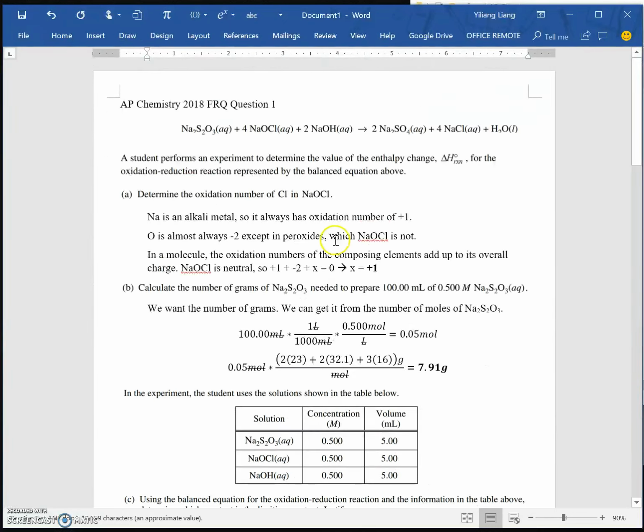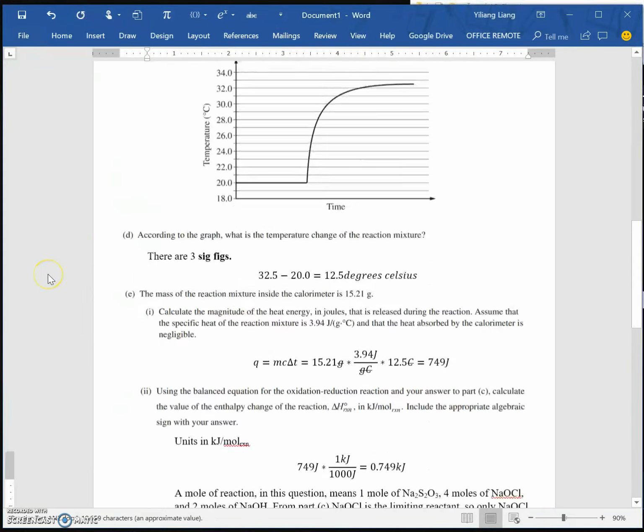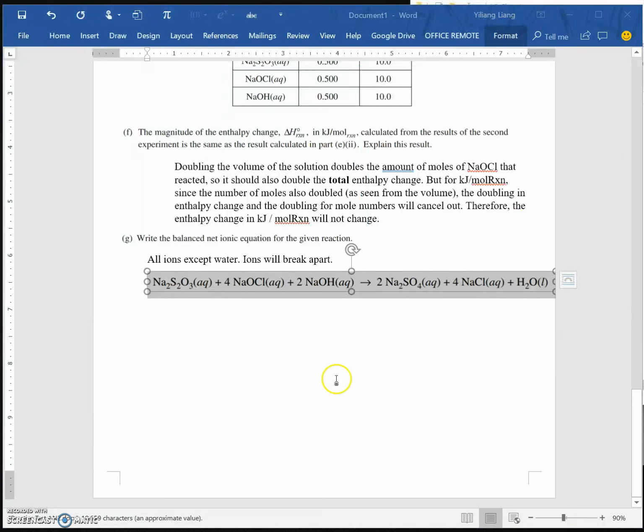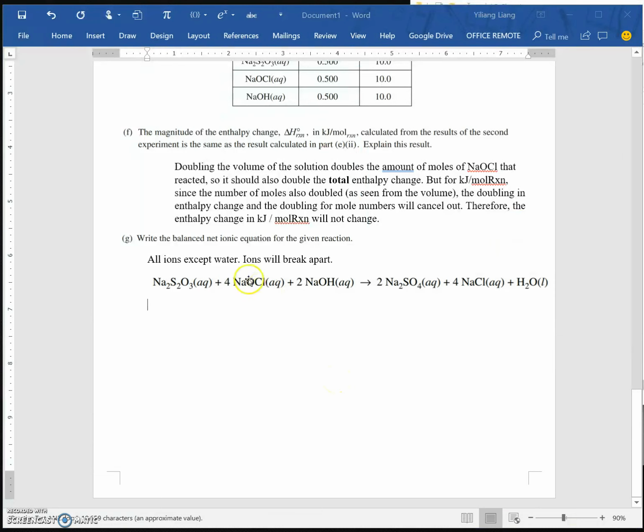What I'm going to do is take a screenshot of this and put it here. So this will separate into ions.